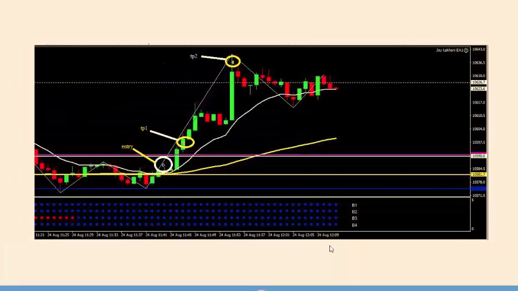Showing you another example here. And as you can see, all my B1, B2, B3, B4 are blue, very, very bullish. Bounce at a pivot point there. Prices do a 1, 2, 3 setup above the trigger point, and at that point the entry is made.